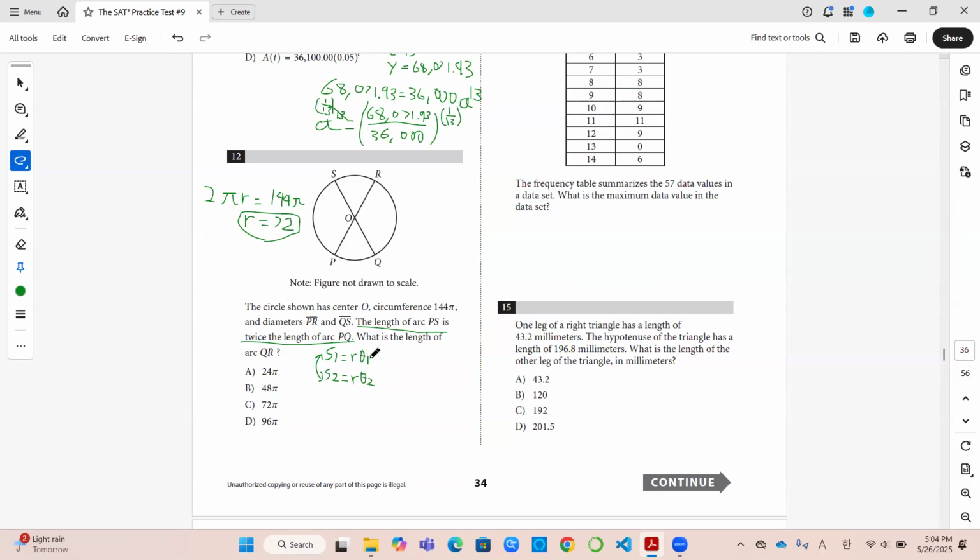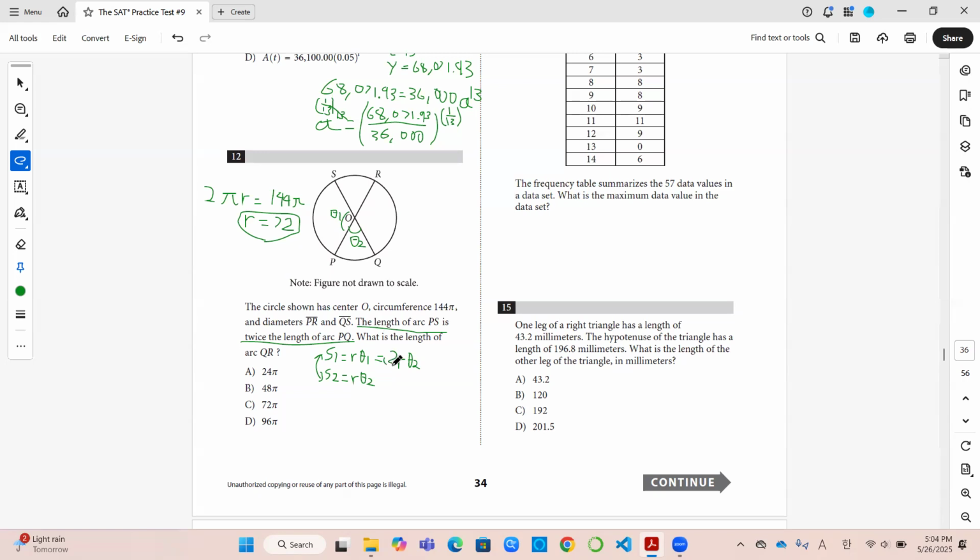So r theta 1 is equal to 2 r theta 2. Notice the pattern here.